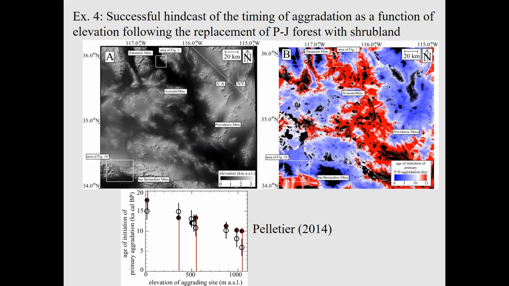So in this slide, which is based on a paper that I wrote in 2014, I was trying to develop a model that would hindcast and thereby help understand the response of fluvial systems to the Pleistocene-Holocene transition.